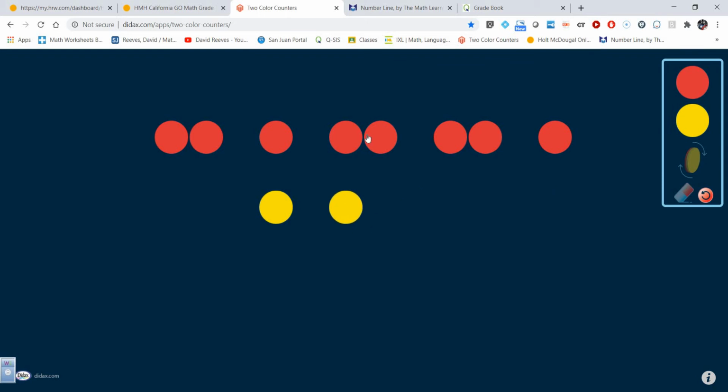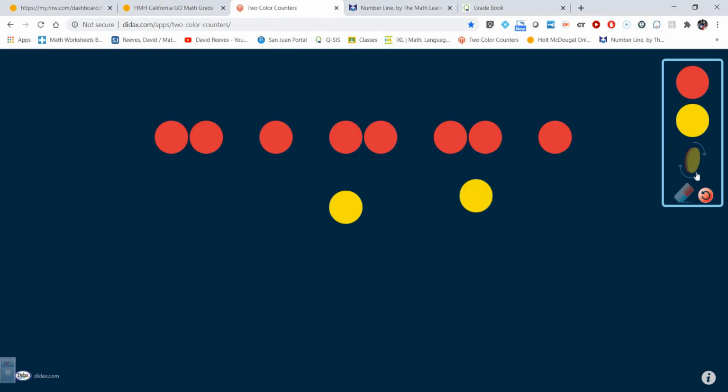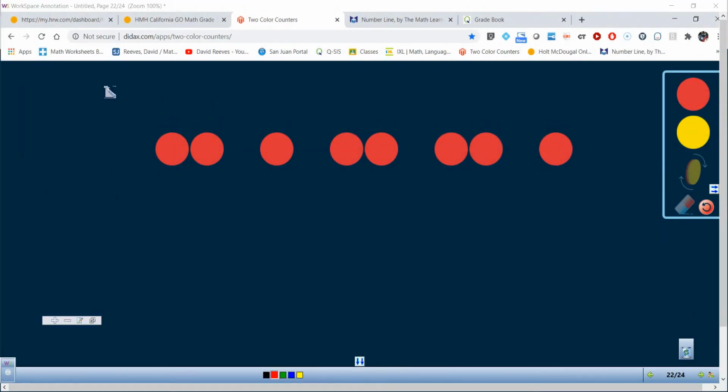The problem I want to do is 8 minus a negative 4. Actually, what am I thinking? Okay, here we go. I want to do negative 8 take away 4. Let's try this again. Sorry about that, guys. Negative 8.